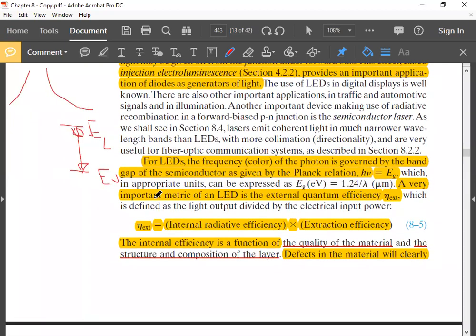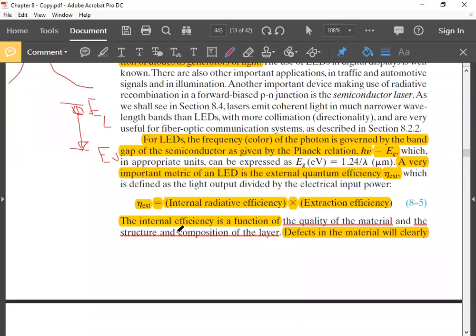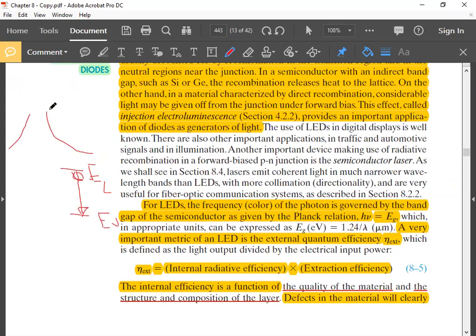Now, a very important metric of an LED is the external quantum efficiency, eta external. So eta external is internal radiative efficiency times extraction efficiency. This efficiency means actually how efficient the LED is in converting electrical energy into optical energy.